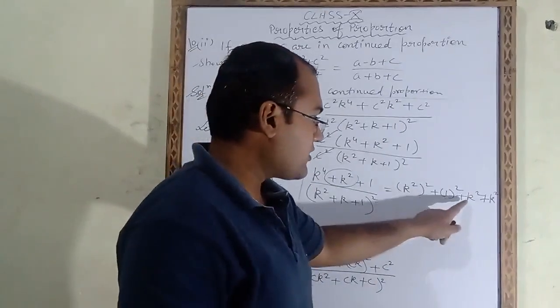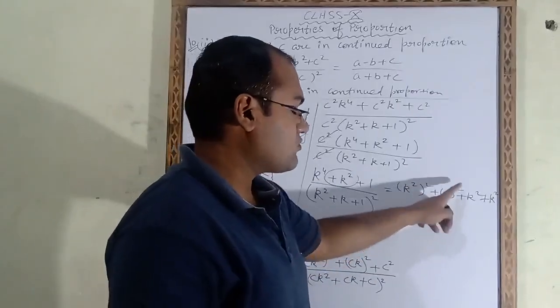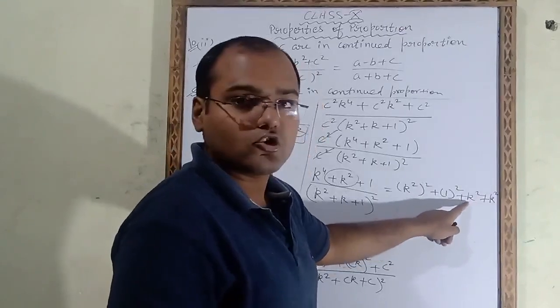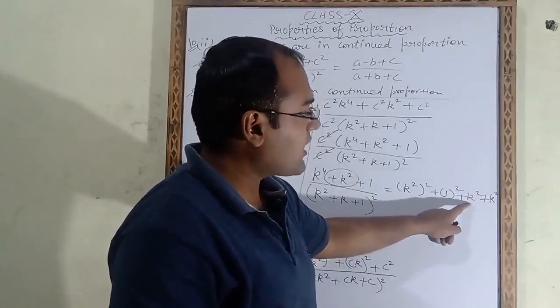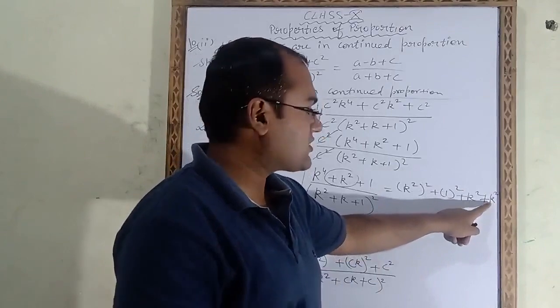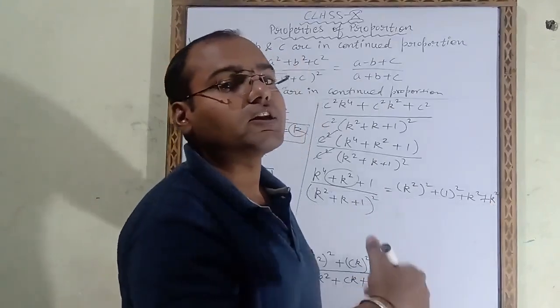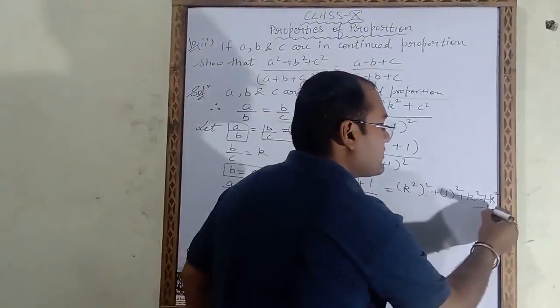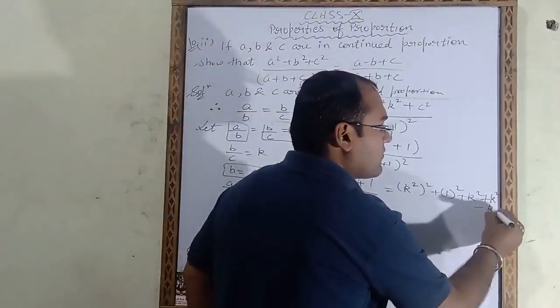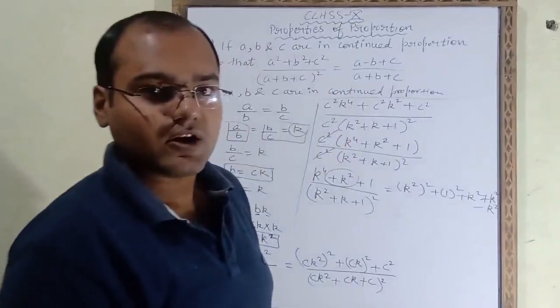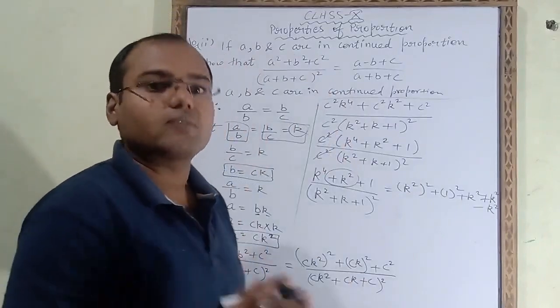In order to make a square plus b square plus 2ab, we need here 2. In order to bring 2k square, we need one more k square. So an extra number we are taking ourselves, plus k square. So in minus also you have to take. This is the rule. If we are adding any extra number ourselves, then we have to subtract that number also.